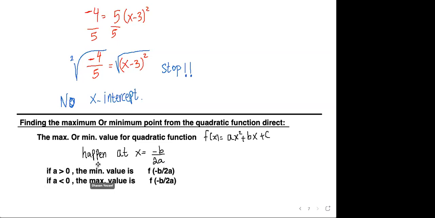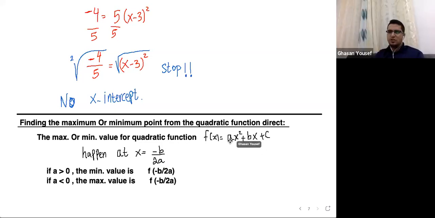Yeah. So look, this is my quadratic function. I did not change it to the standard form. Do you see this a, the a before x squared? If this a is positive, the function has a minimum value, f of minus b over 2a. Minus b, this is b, and 2a, 2 times the coefficient of x squared.